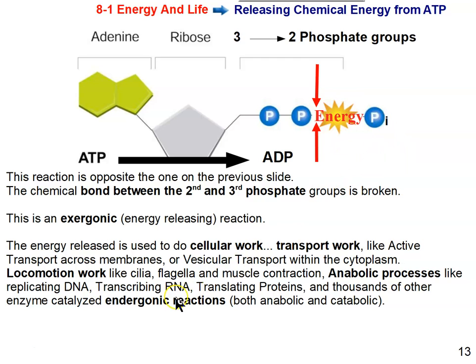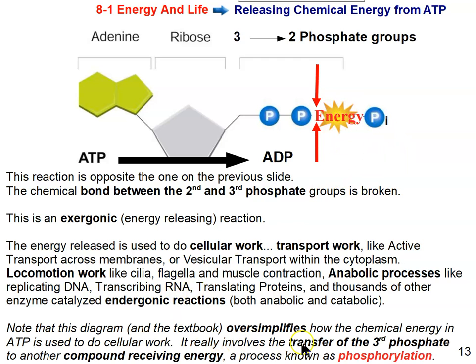That's not exactly what's going on. What's going on is actually the transfer of the third phosphate. So when that bond is broken, that third phosphate is being transferred to another compound. So another compound is receiving that phosphate, and in the process, that transfers energy to that other compound.